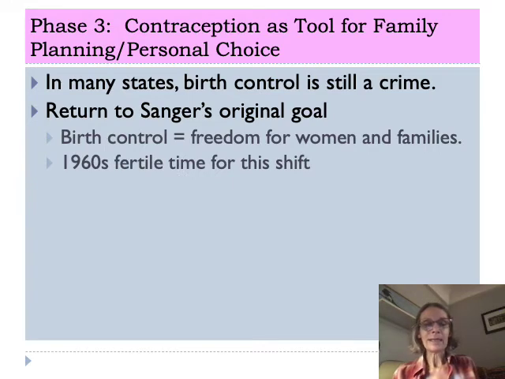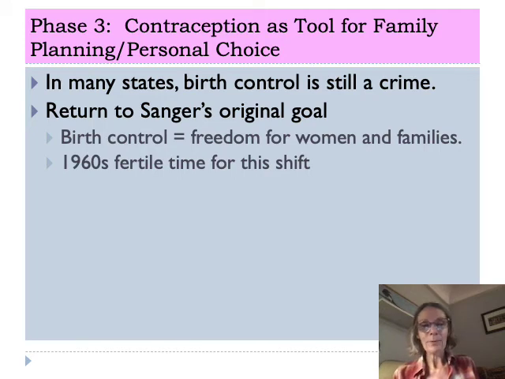And the 1960s was a fertile time for this shift, right? Because the 1960s is a time where we see rising civil rights concerns: the civil rights of African Americans, civil rights of women, the civil rights of gay and lesbian folks. And so there was this sexual liberation time.